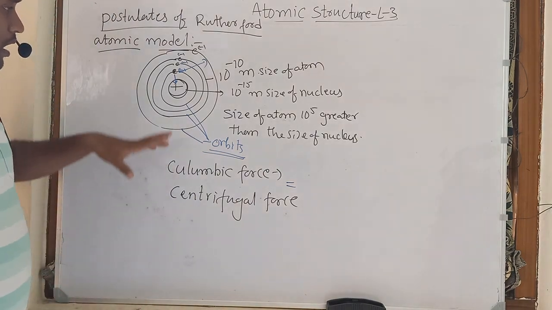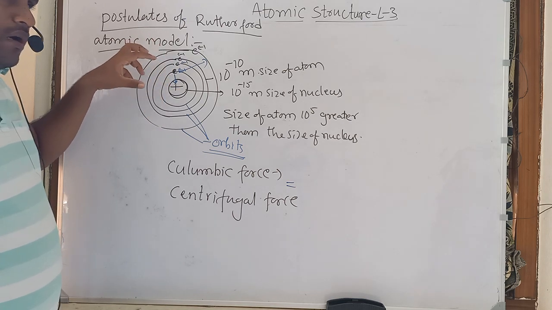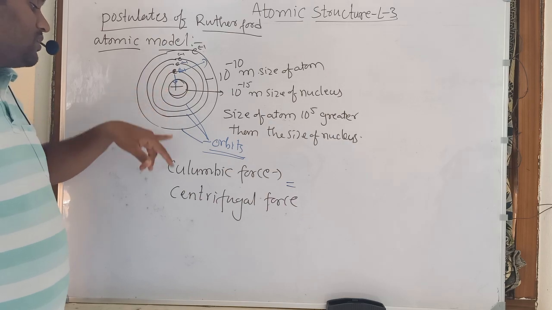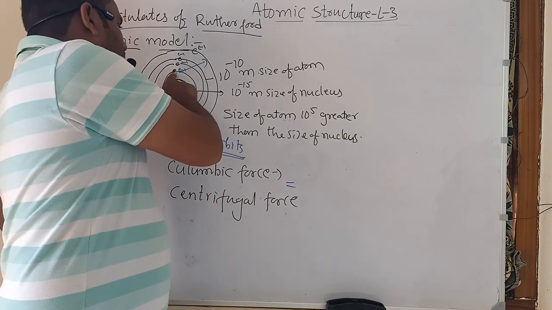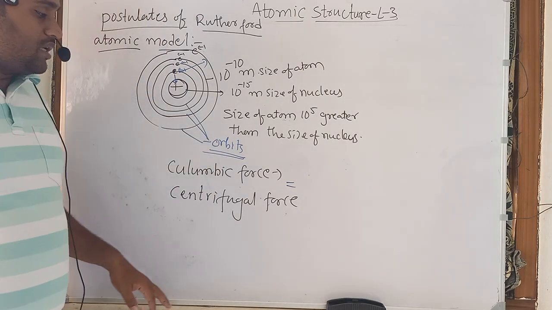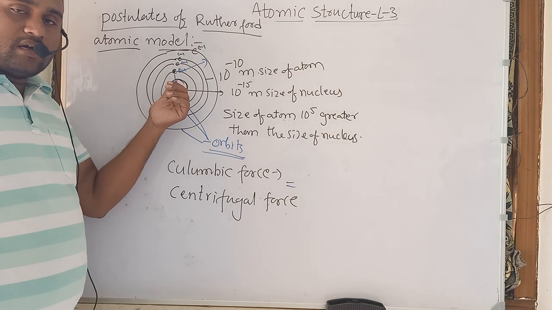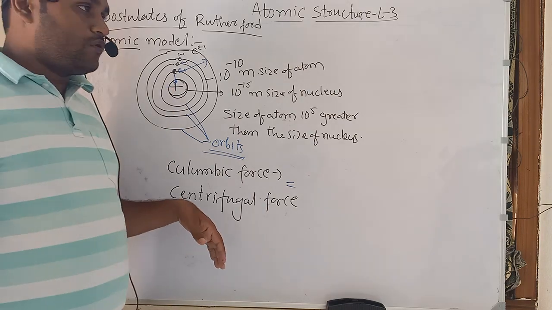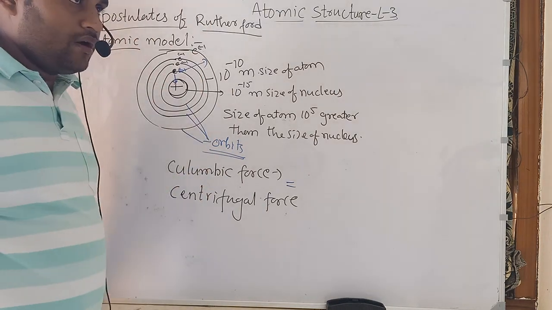And how are these electrons not falling? How are these electrons revolving continuously in circular orbits? There are two types of forces acting on these revolving electrons: the Coulombic force and the centrifugal force. The Coulombic force brings the electrons towards the nucleus, whereas the centrifugal force throws the electrons far away from the nucleus.